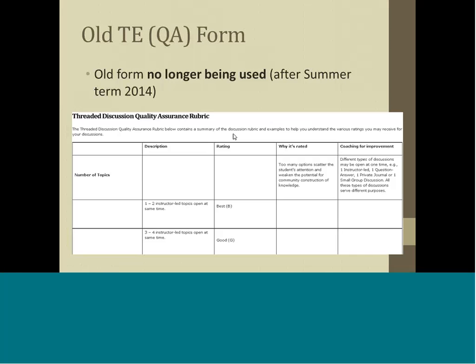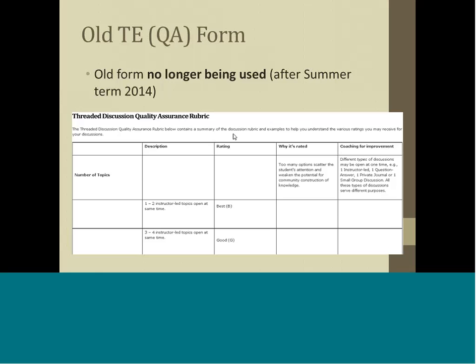Here's that old QA form that we're talking about. This is what the QA team in the past would be looking at when they visited the instructor's course to determine how that instructor was doing in the discussions.